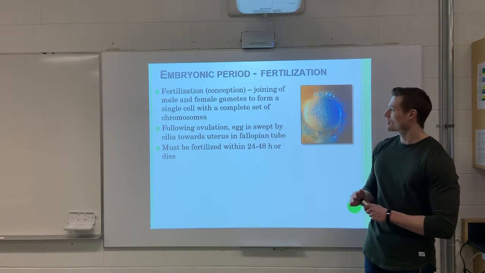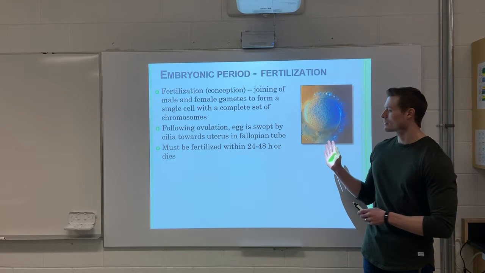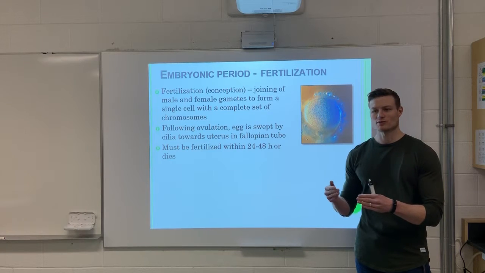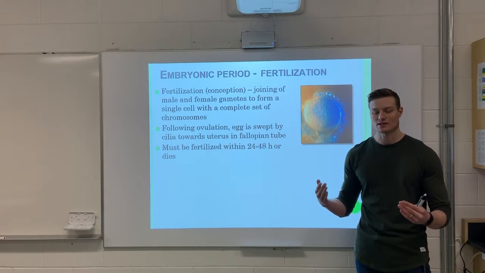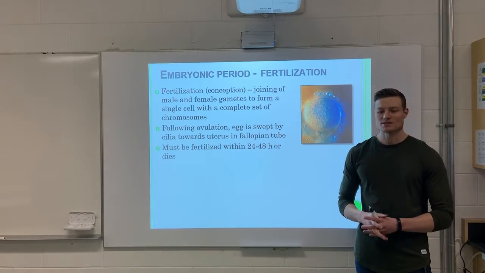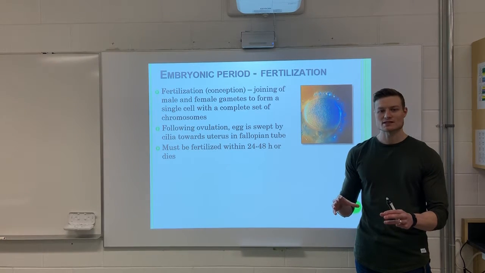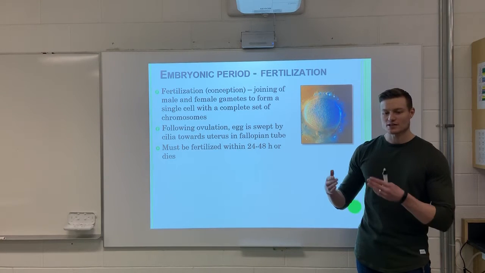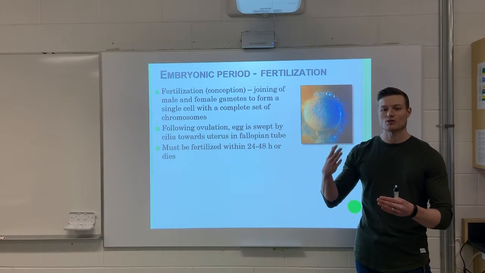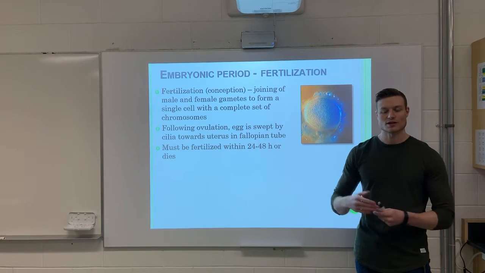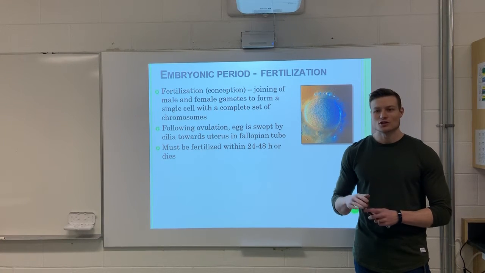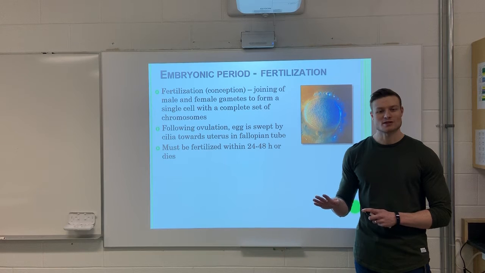Now, the question that I always get is, how is it that one sperm fertilizes the egg? Why wouldn't multiple sperm, if they get there at the same time? Well, when sperm get to the egg, they start to release their enzymes from the acrosome. The enzyme breaks down and allows them to burrow into the outer membrane of the egg. But while they do that, and this is the interesting part, you don't actually want to be the first sperm at the egg.